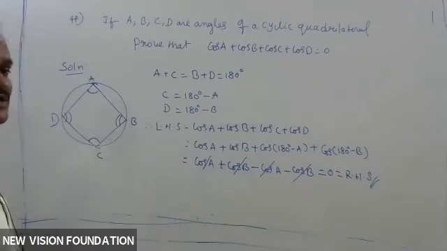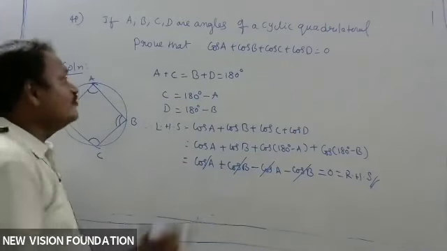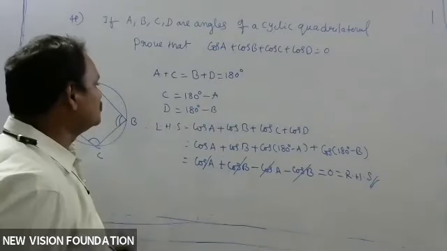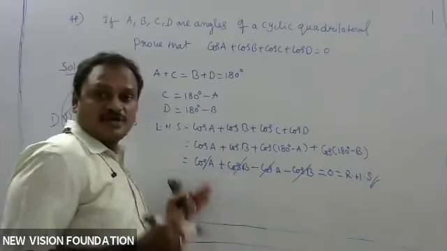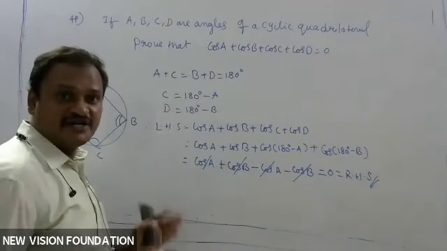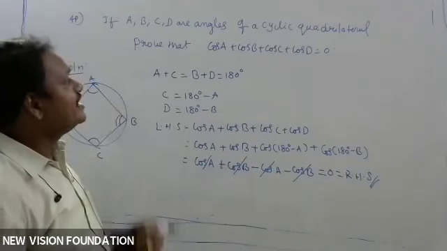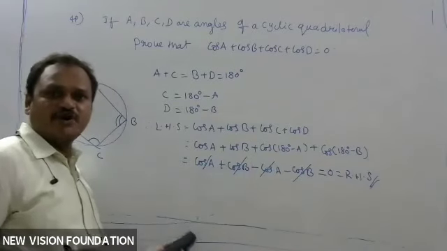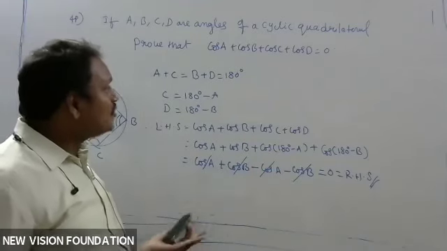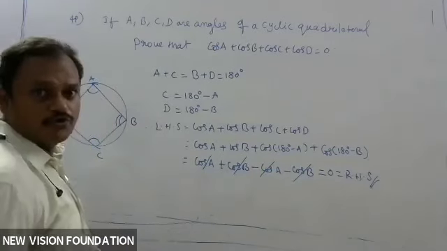Once they are the angles of a cyclic quadrilateral, we get cos A plus cos B plus cos C plus cos D is equal to 0. This thing we can take as a result also in trigonometry or in geometry. Right?